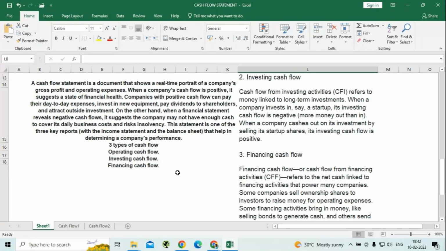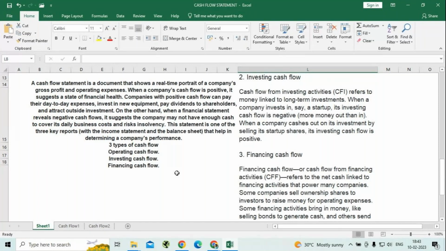The cash flow statement is a document that shows a real-time portrait of a company's gross profit and operating expenses. That means how much we have spent and how much we have earned through the business for a particular period. If there are more sales with fewer expenses, we know that we have made a profit.